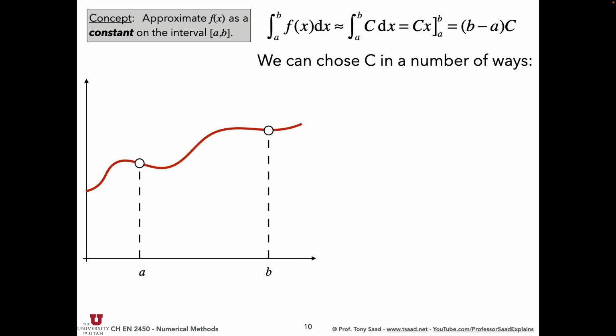Compared to the left point rule, it's underpredicting all of those values here. And if you go to the right point rule, it's overpredicting all of those points on this side of the interval.